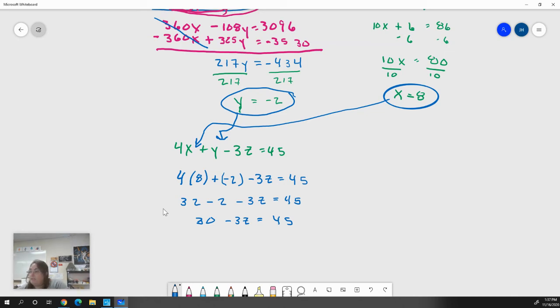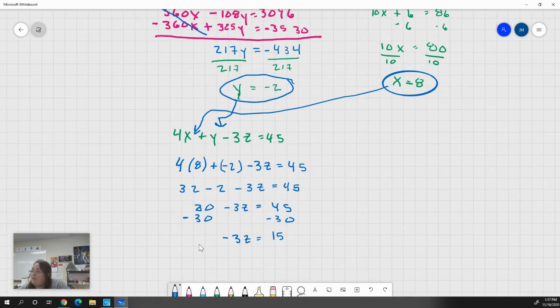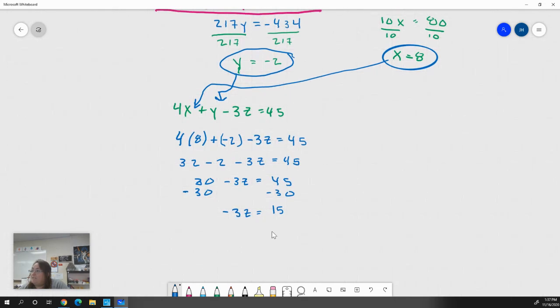And in this case, I'm going to subtract 30 from both sides. And I'm going to get negative 3z equals 15. And the only thing we have left is what's being multiplied to z, which is negative 3. So I'm just going to divide by negative 3 on both sides. And I get z equals negative 5.